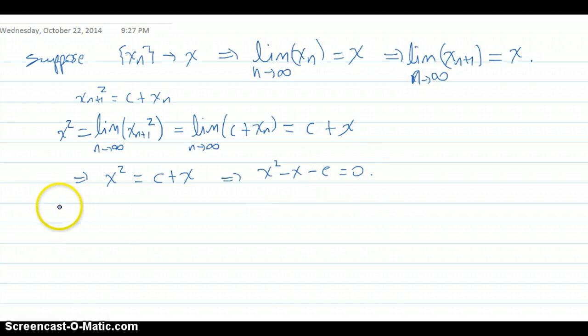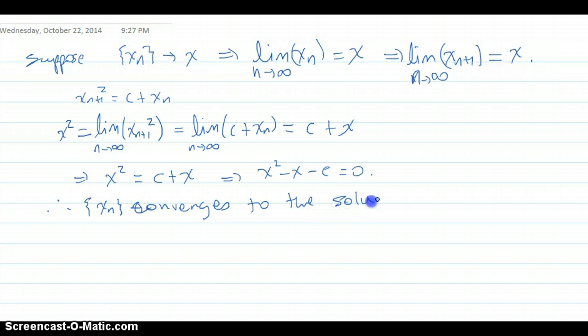And therefore the sequence x_n converges to the solution of x squared minus x minus C equals 0.